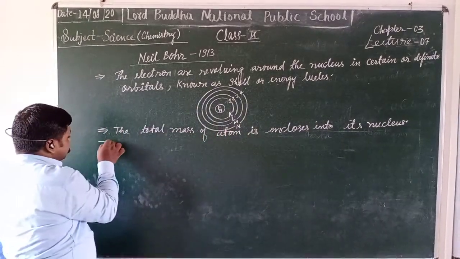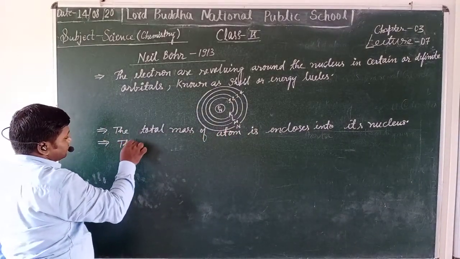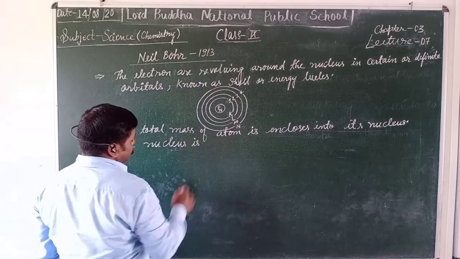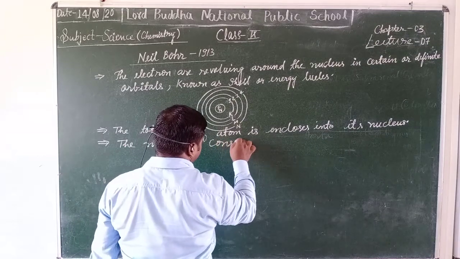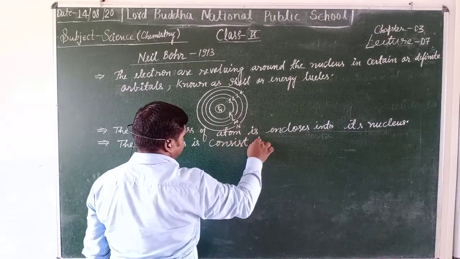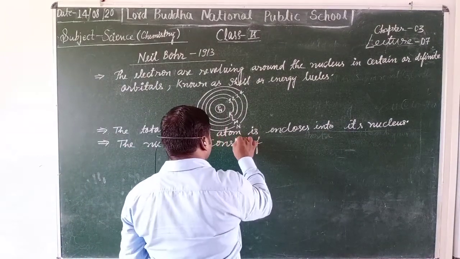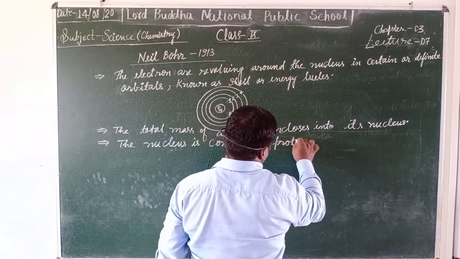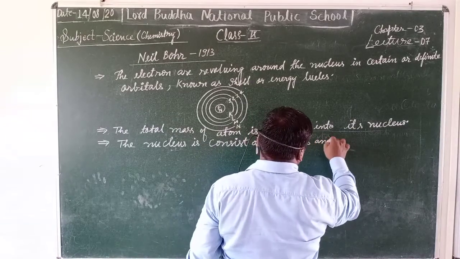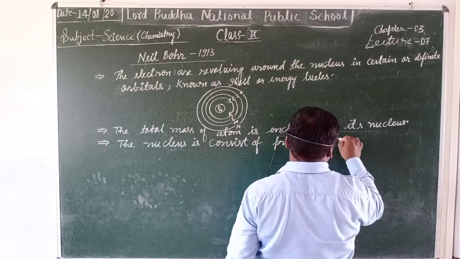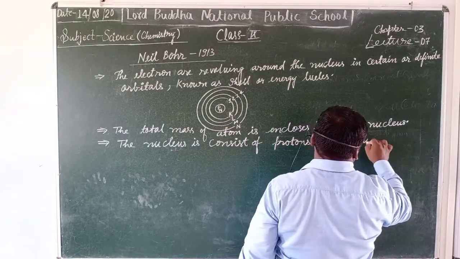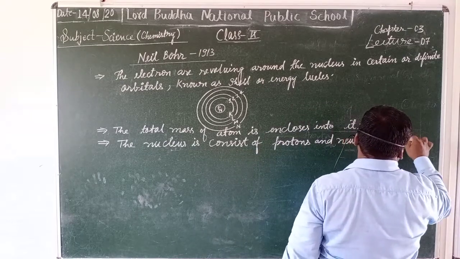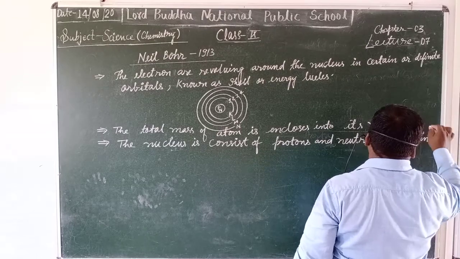The nucleus consists of the total number of protons and neutrons present in the atom.